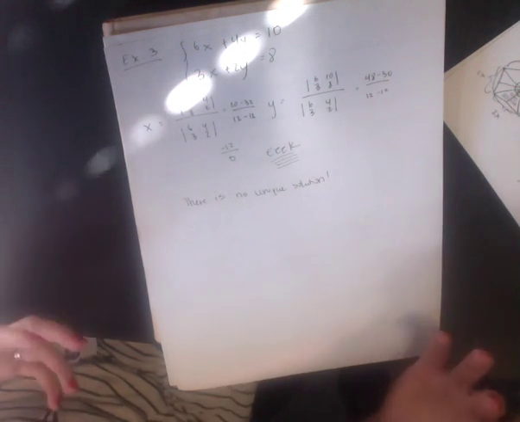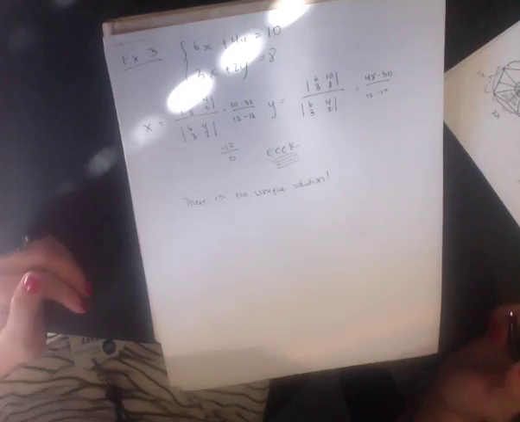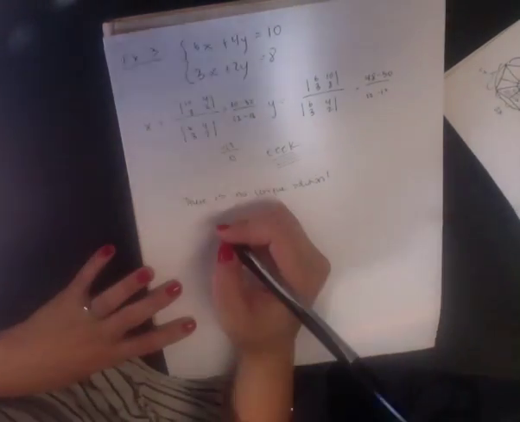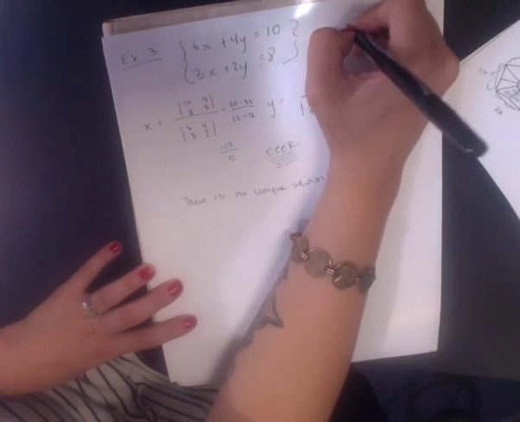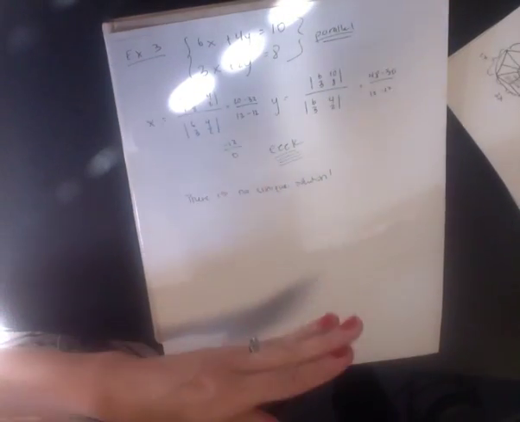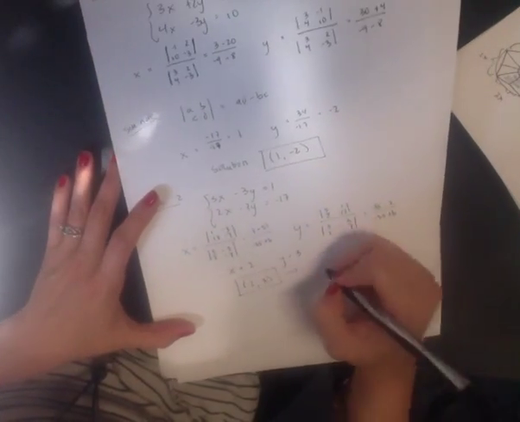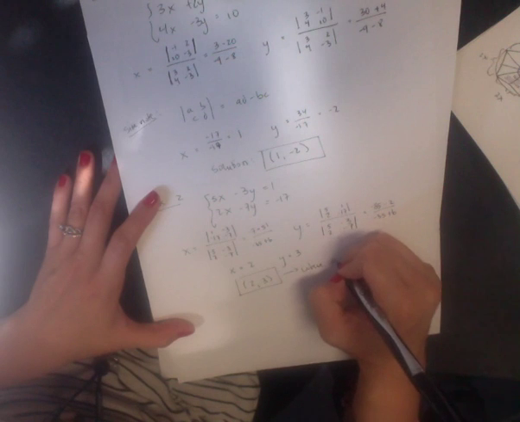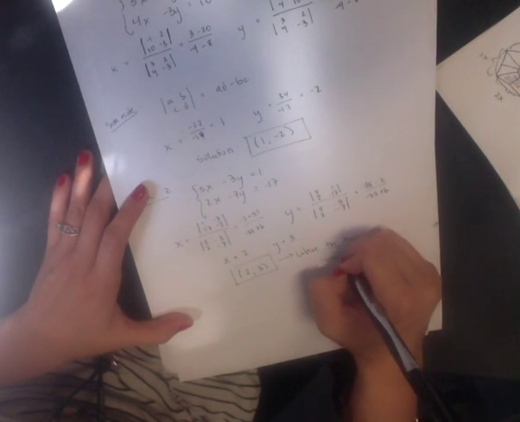Okay? This is a special case that we will see. We find that these lines are parallel, meaning they never cross, so they never have a solution. In our last example here, the solution we get, this is where the two lines intersect.